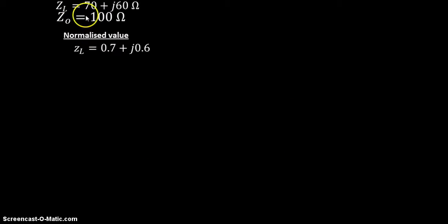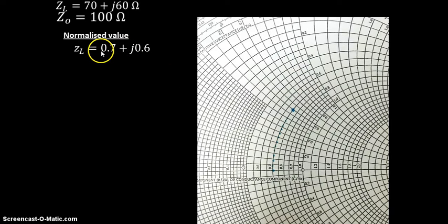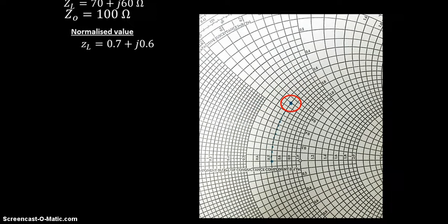Here we have ZL as 70 plus j60 ohm and Z0 as 100 ohm. We have normalized it to 0.7 plus j0.6, and we are going to plot this normalized value of ZL onto the Smith chart. This is 0.7 and this is 0.6, and this point is your ZL.